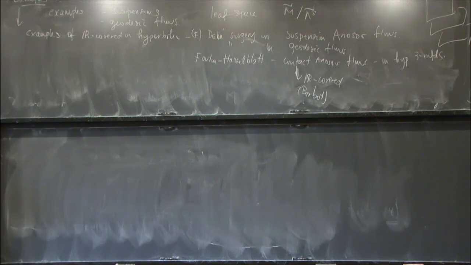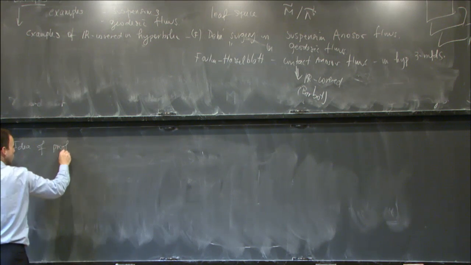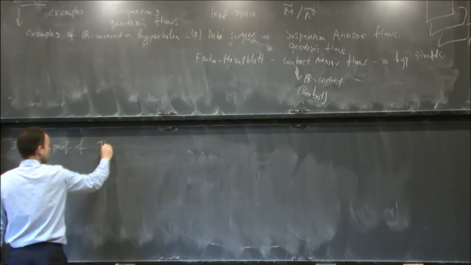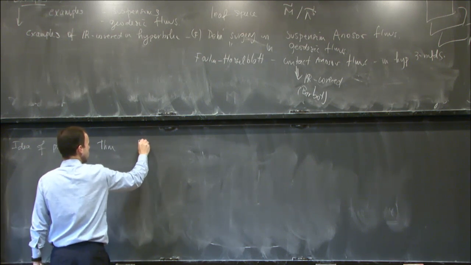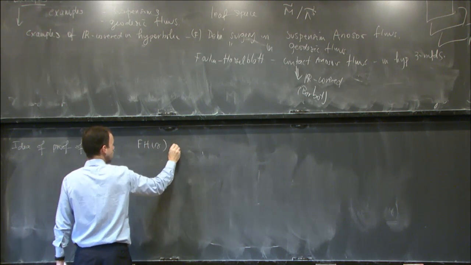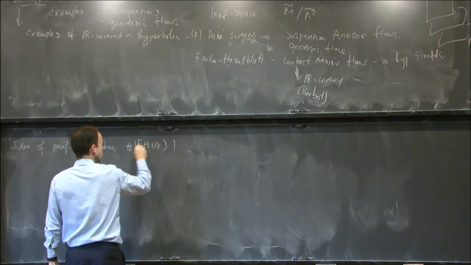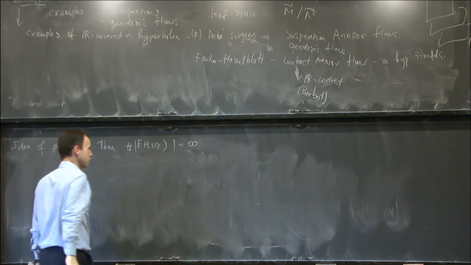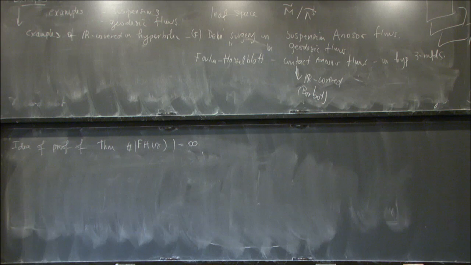All right, so the idea. What I'm going to do is start with an orbit, and I'm going to inductively produce other orbits which are freely homotopic to that orbit.